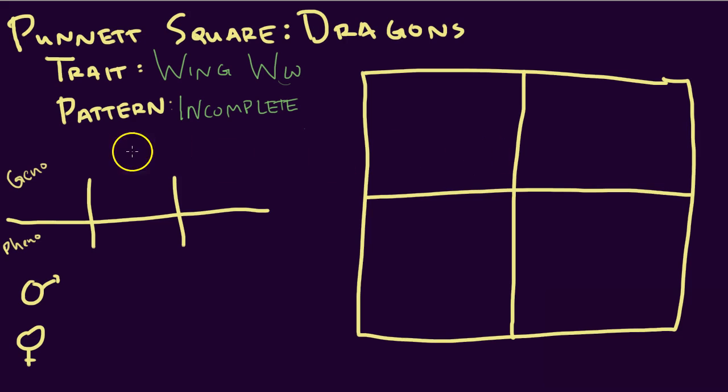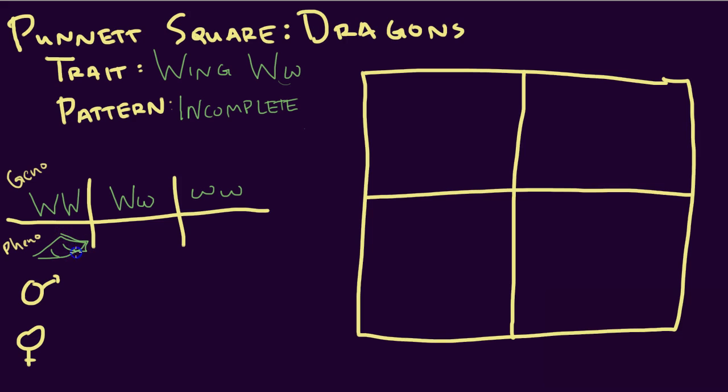So let's take a look at our possible genotypes here again. We could have capital W, capital W. We could have capital W, lowercase w, and then lowercase w, lowercase w. All right, and now let's look at what these different phenotypes are. For the capital W, capital W, we are going to get a nice big wing that is going to be able to fly everywhere.